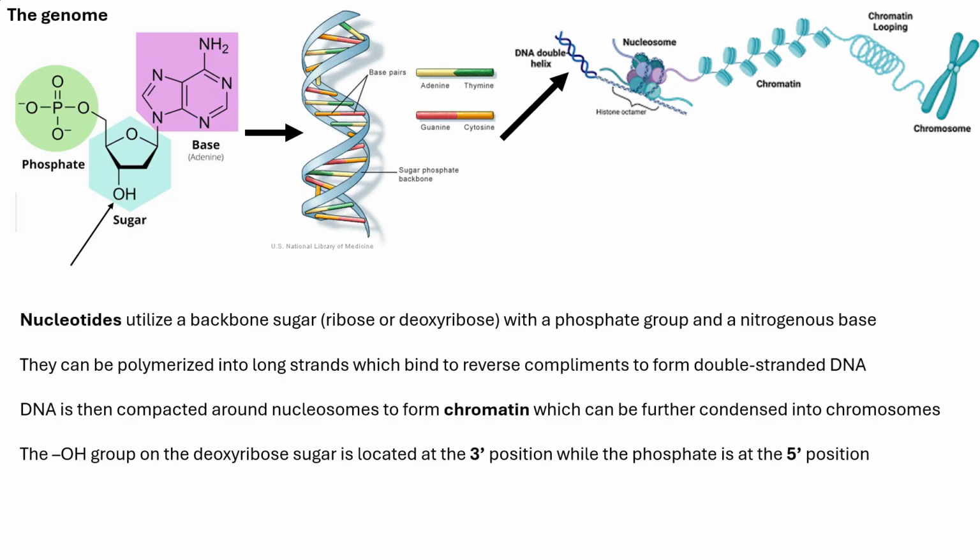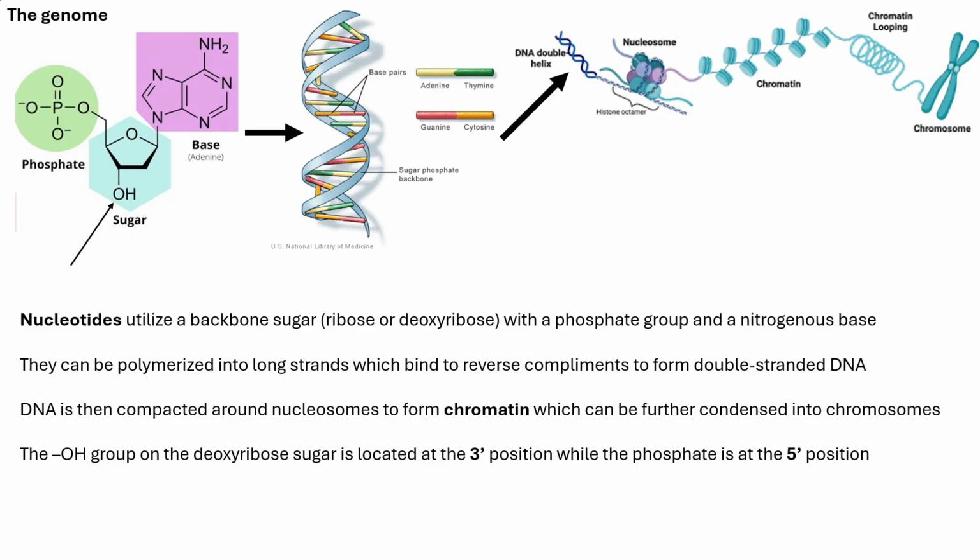And the special part about nucleotides is that you need to add a phosphate group over here and also your nitrogenous base. So really, you can envision how you can use these to build larger structures. They can be polymerized into these longer strands, which can bind in reverse complements to form double-stranded DNA.